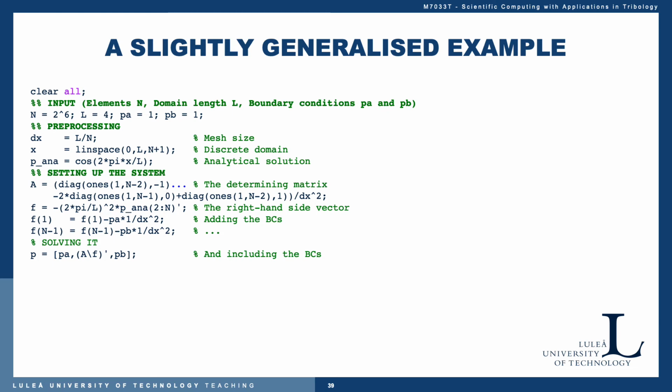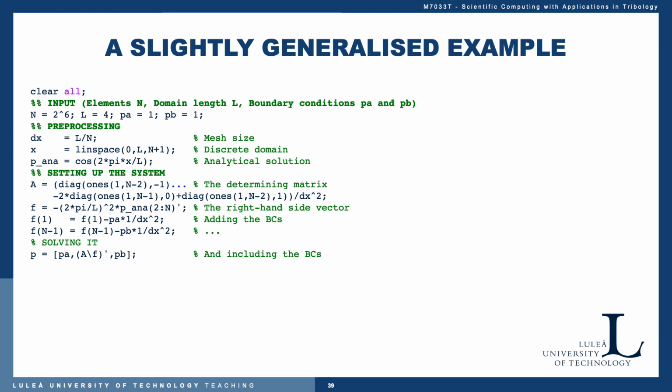Then you can add these diagonals together, and we have to remember the mesh size. In the 4 element case, it was just 1, but here when we have 2 to the power 6 elements, it will not be 1, and therefore we need to divide by dx squared.